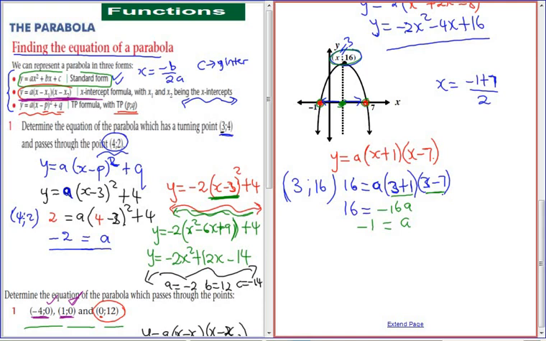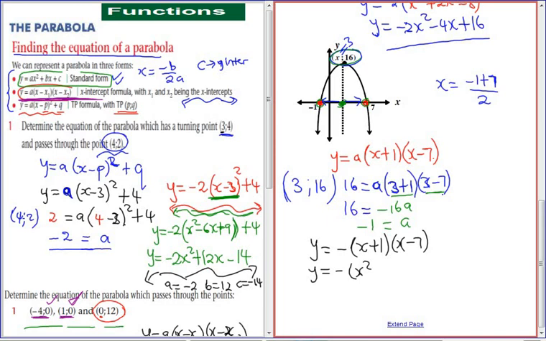So what it means is that the equation of this one can be written as negative in place of a, and then you put x plus 1 and x minus 7. So let's just expand this one quickly and see what will happen there. So as you can see, we'll have x squared now, and minus 7x.